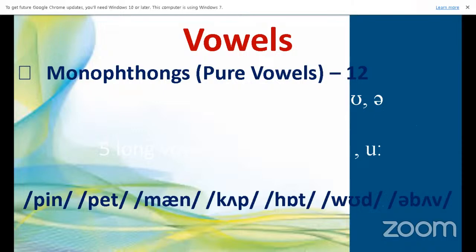Now, for example, pin, pet, men, then cup, hat. It's not hat, I think so. It's hat, wood, above. Look at the transcription. Middle part is not visible, ma'am. The white font?